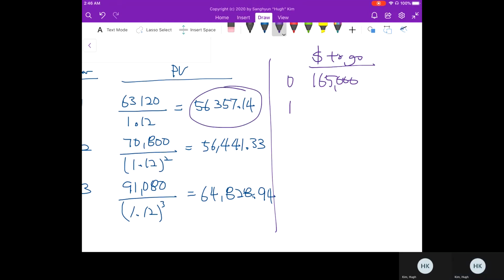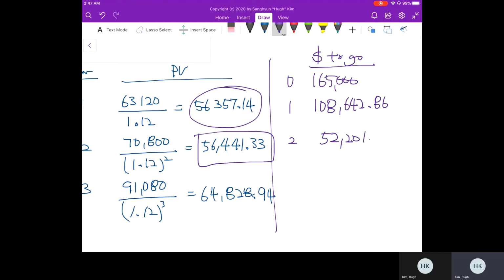Then we'll get $108,642.86 left to recover after the first year. During the second year, we can recover this much. So we'll have $52,201.53 left to recover.